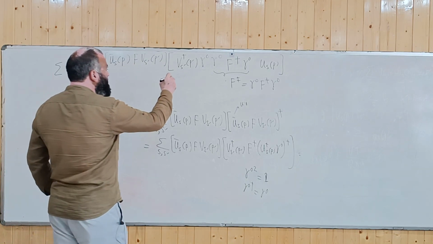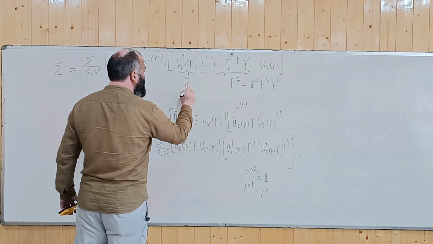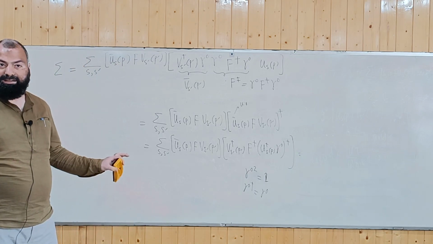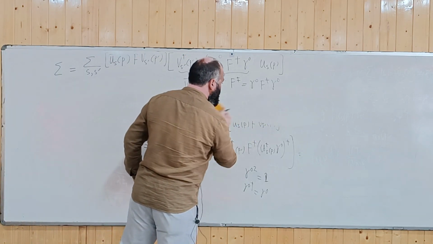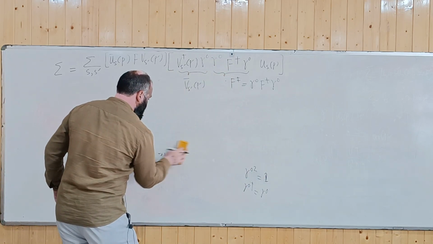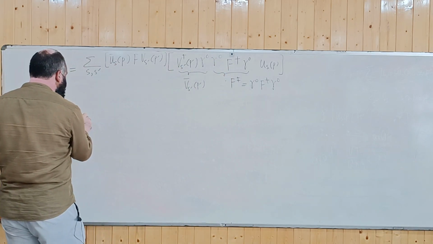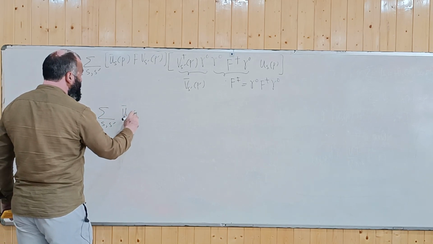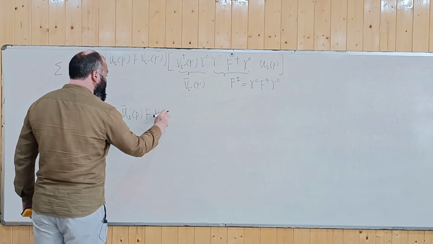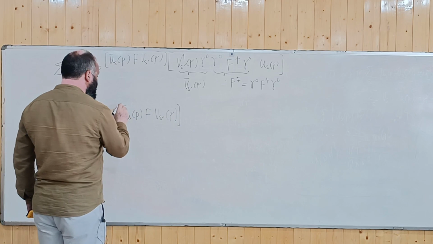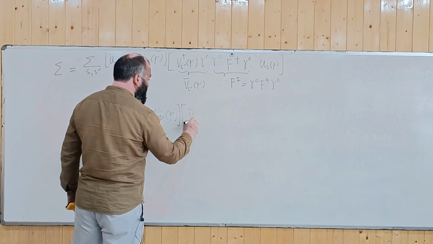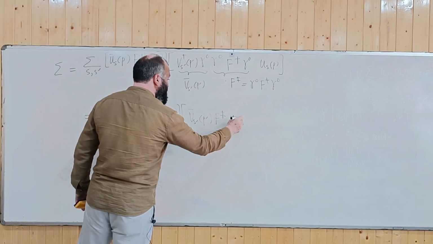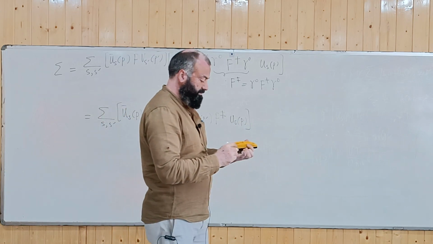So this very object is simply vbar_s'(p'). Clear? So this is equal to the summation over s, s prime of ubar_s(p) F v_s'(p'), and let me write it this way, then you have vbar_s'(p') F double dagger u_s(p). Understood?